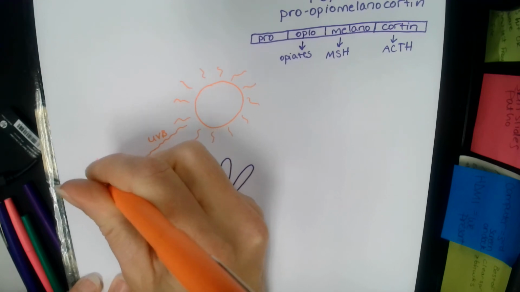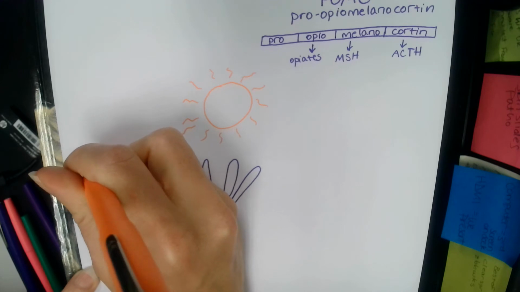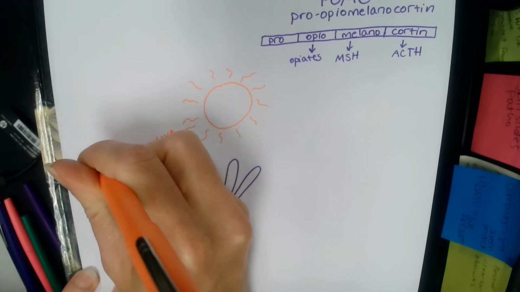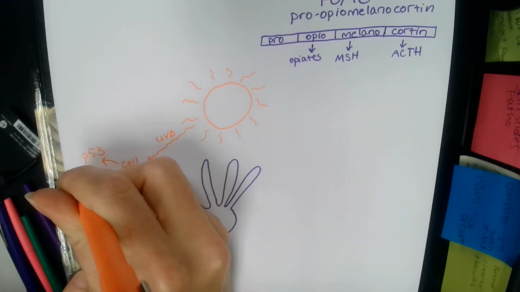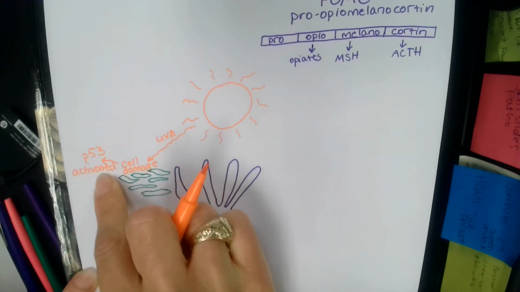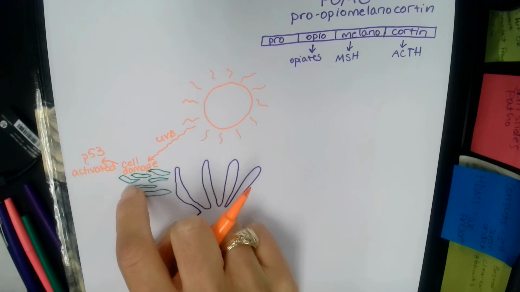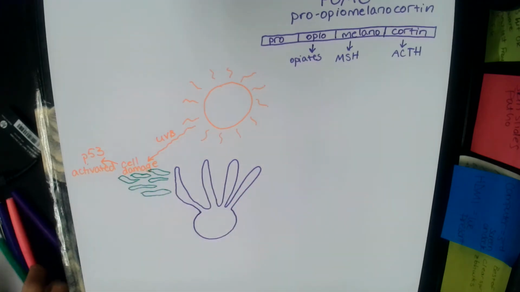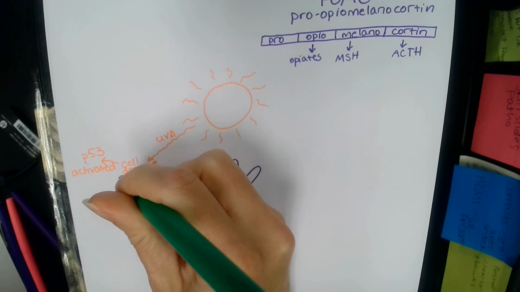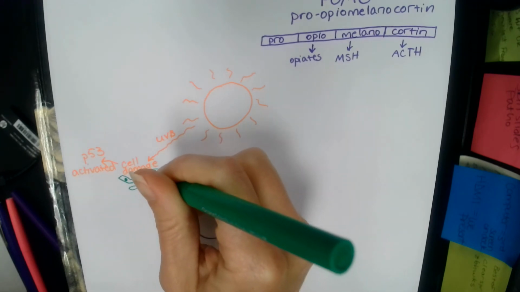So we'll draw the next step here. This tumor suppressor protein, lowercase p53, gets activated. And what it does is it directly binds to the DNA in the cell itself. So you have the DNA inside the cell, it's inside the nucleus, of course. So the p53 goes and it binds directly to that DNA.